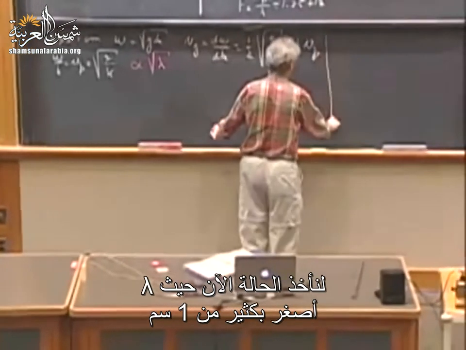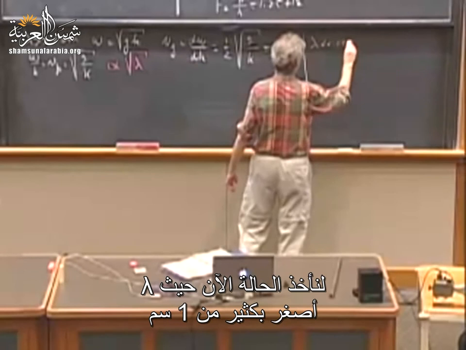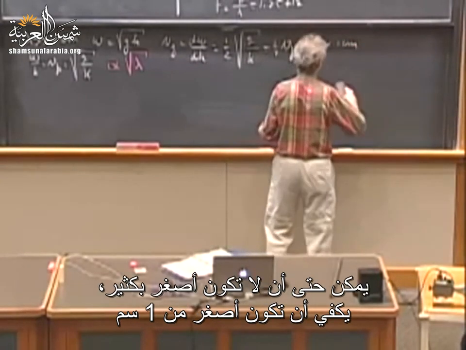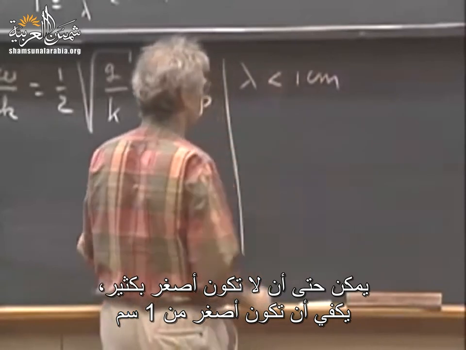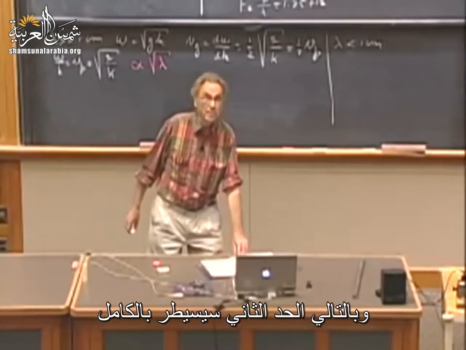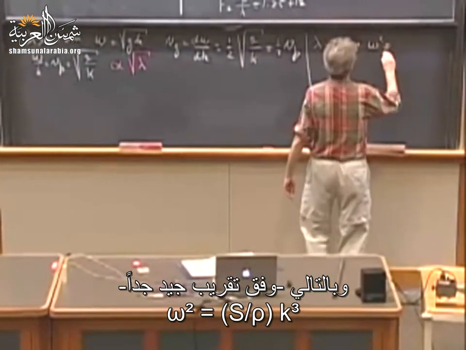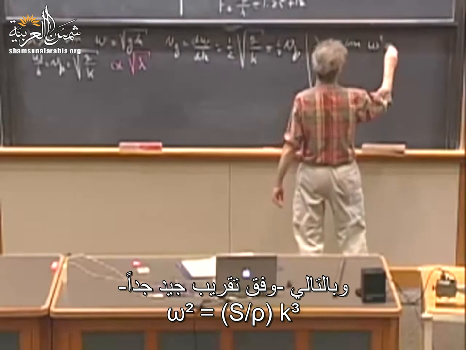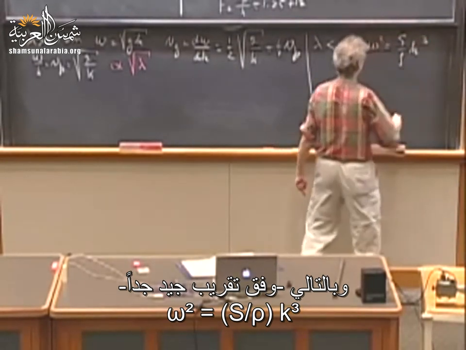So let's now take the situation that lambda is, say, much smaller than 1 centimeter. It doesn't even have to be all that much smaller, but just smaller than 1 centimeter. Then it's the second term that completely dominates. So now you get that omega squared, to a very good approximation, is s divided by rho times k to the third.